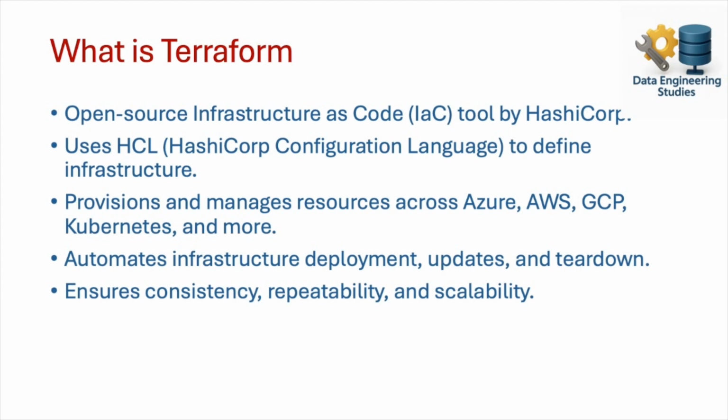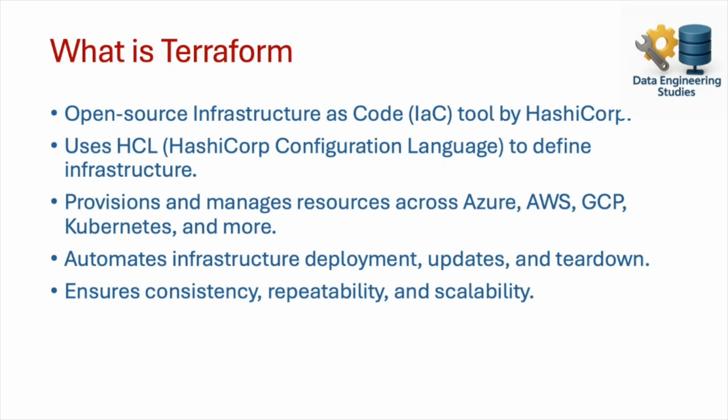It automates the entire lifecycle of your infrastructure, including deployment, updates, and teardowns. Most importantly, Terraform ensures consistency, repeatability, and scalability, making infrastructure management faster, more reliable, and easy to maintain. In short, Terraform is a tool to manage infrastructure as code across multiple clouds.